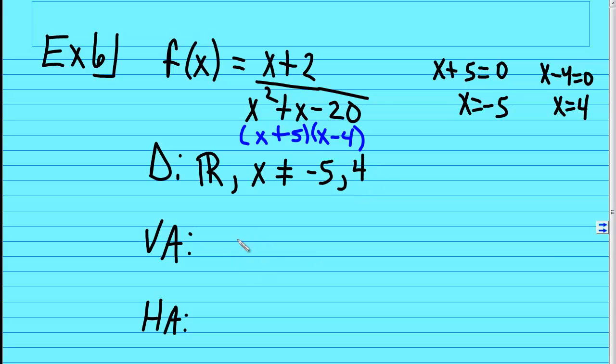My vertical asymptotes are x equals -5 and x equals 4. For the horizontal asymptote, the numerator is 1, the denominator is 2. The numerator is less than the denominator. When the numerator is less than the denominator, then the horizontal asymptote is y equals 0.